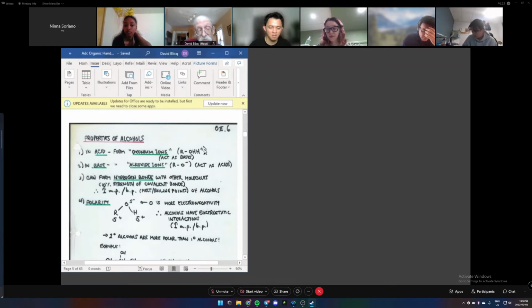If you add base or put it in base, strong negative charges are going to strip away a positive proton. If you pull away that proton, you've got a negative ion. That is, and there's a name for it, an alkoxide ion.